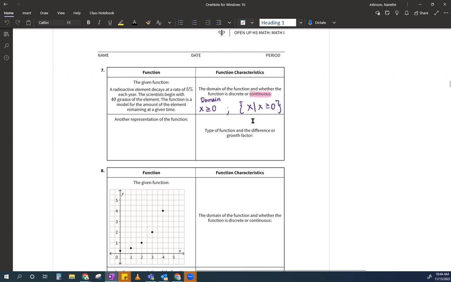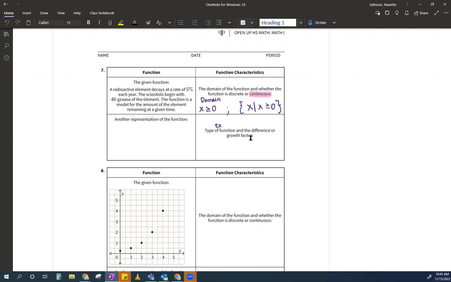I know this looks weird. Just get used to seeing it, like, oh, curly brace. This is just a straight line on the top. It almost looks like a lowercase L. Okay, so the type of function, it is a geometric or exponential, whatever you want to call it.